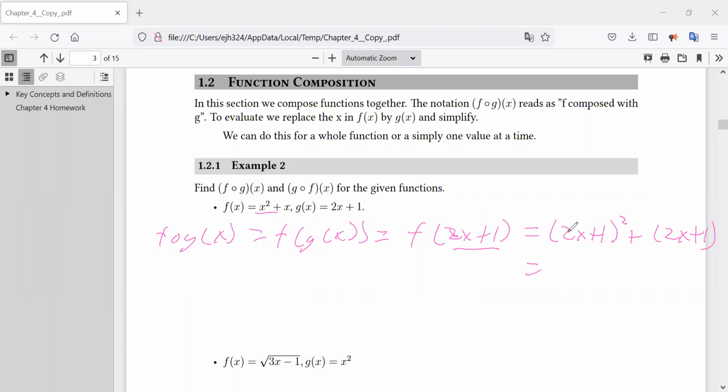So if we square this out, FOIL 2x plus 1 times 2x plus 1, it's going to be 4x squared plus 4x plus 1, and then we get plus 2x plus 1.